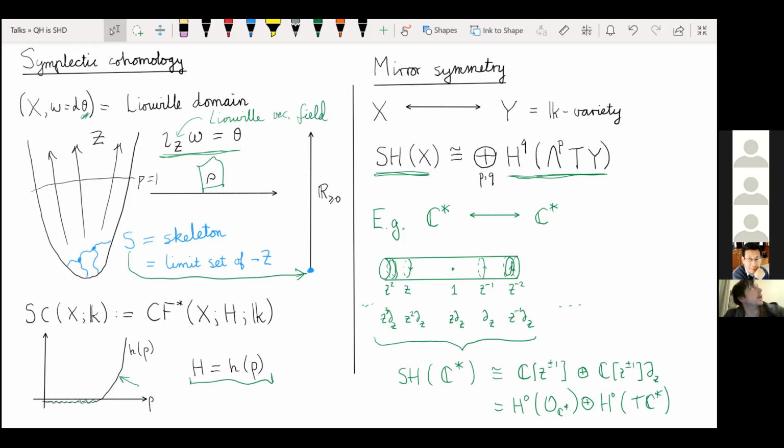Sure. Yeah, I suppose I should say, assuming that Y is smooth, then what I've written on the right is the correct thing to write, and if Y is not smooth, then we need to replace it with something, which I don't think I have examples.